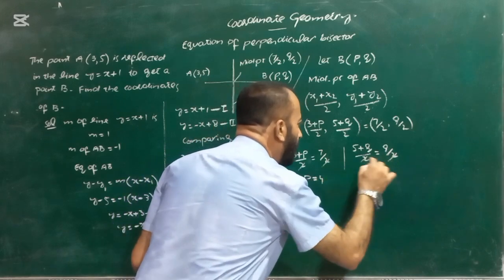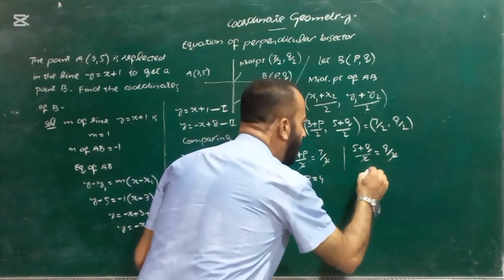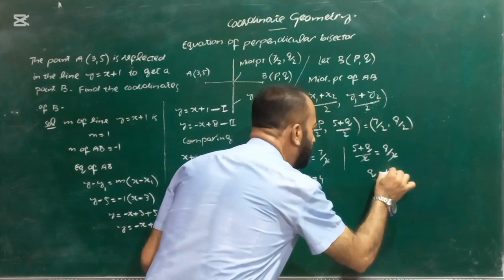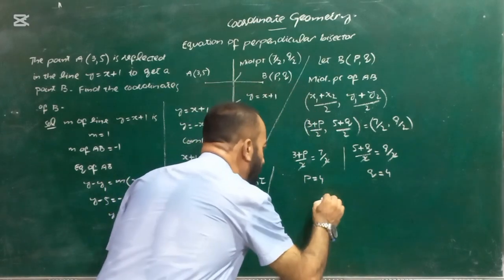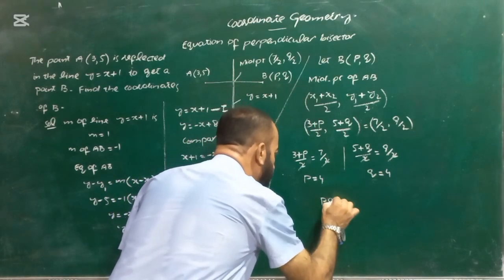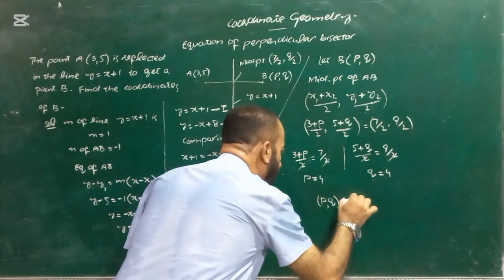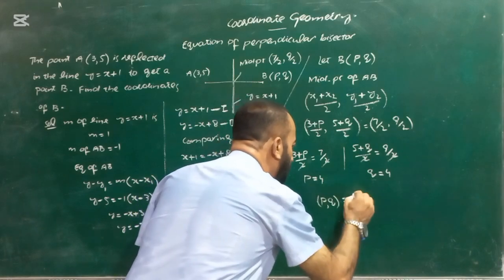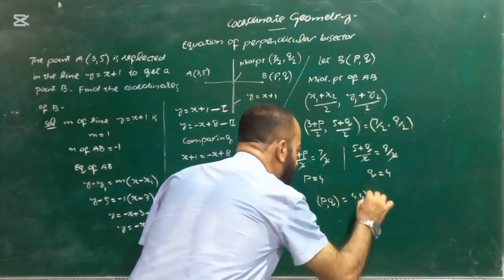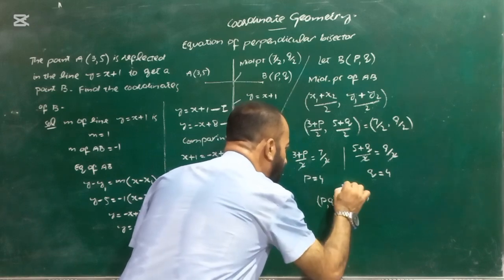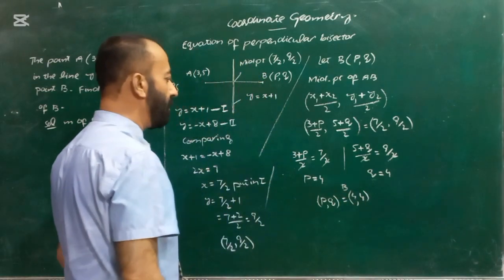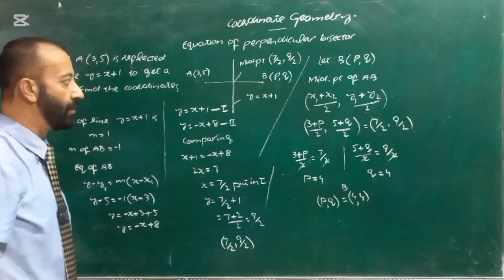From here, 5 plus q is equal to 9, so q will be equal to 4. So it means PQ point is 4, 4. So these are the coordinates of B. So this is the solution.